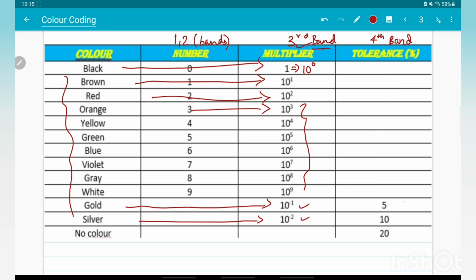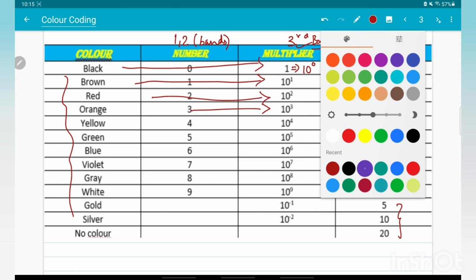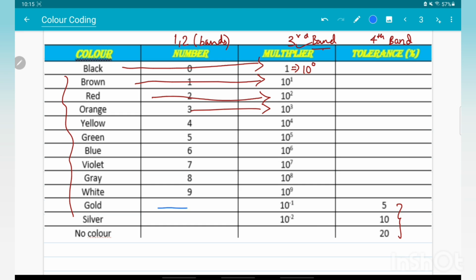The ones which are important are for gold, silver and for no color. When you have got gold over here, your value of tolerance percentage is going to be plus or minus 5%.